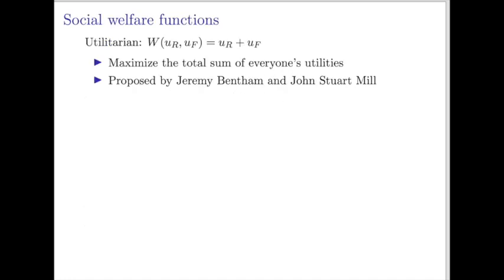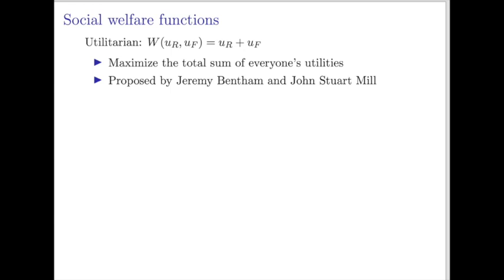So here are some more serious examples that come up a lot among philosophers and show up a lot in economic analysis. The most important one is the utilitarian social welfare function. So the social welfare from Rob getting utility of UR and Friday getting utility of UF is just the sum of UR and UF.